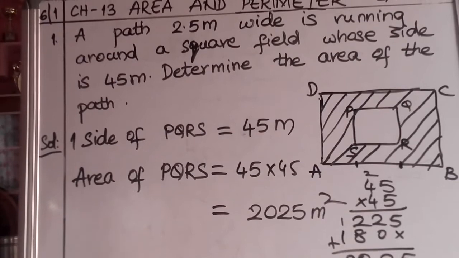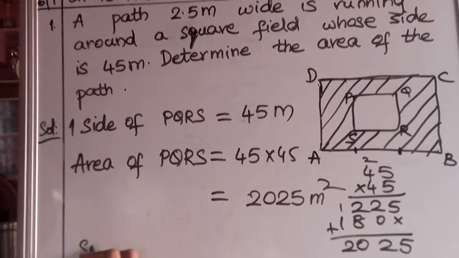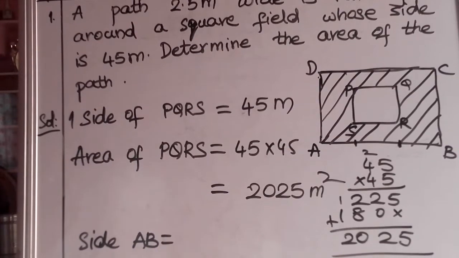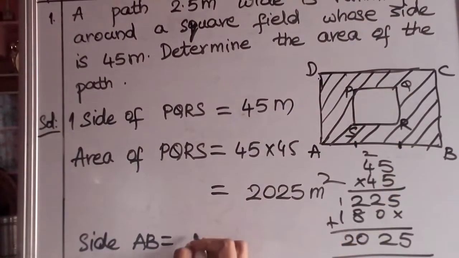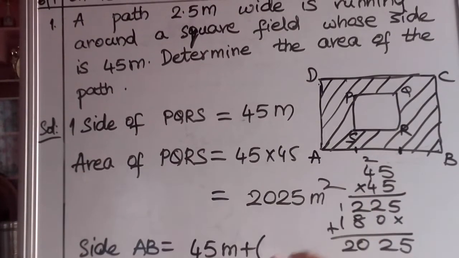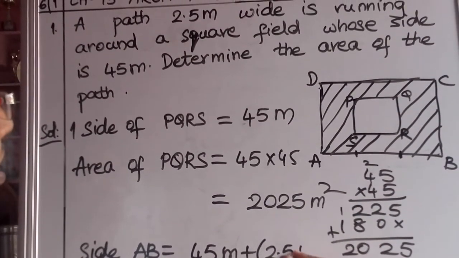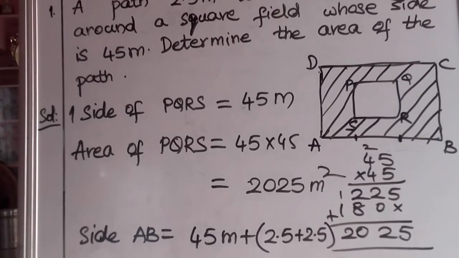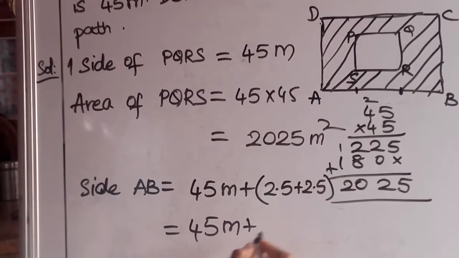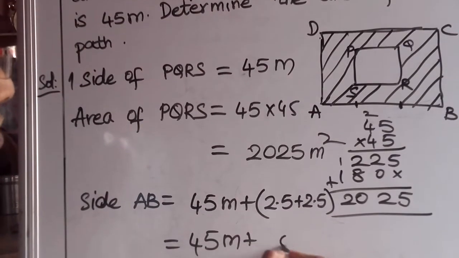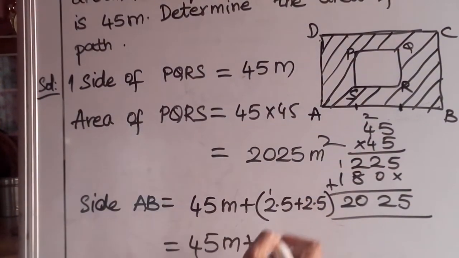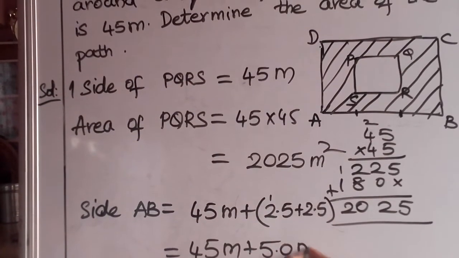So let us find out the value of side AB. It is 45 meters plus this part 2.5 and the other side 2.5. So both of them you have to add. 45 meters plus 5 plus 5 is 0, 2 plus 2 is 4, 4 plus 1 is 5. 50 meters.